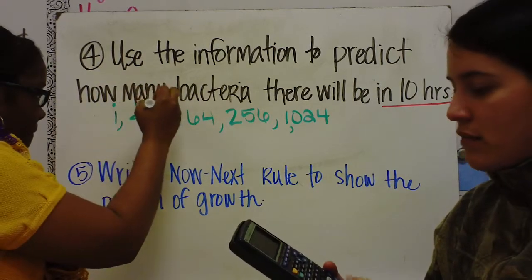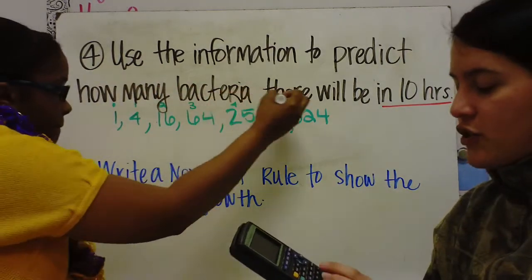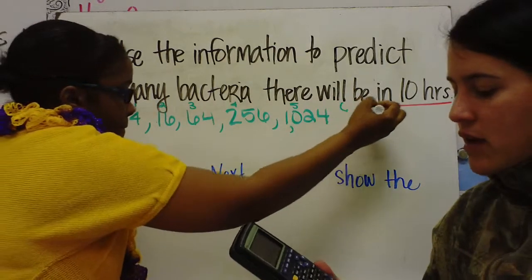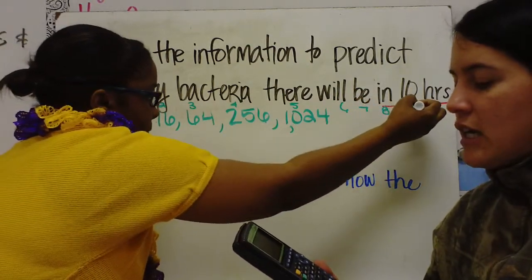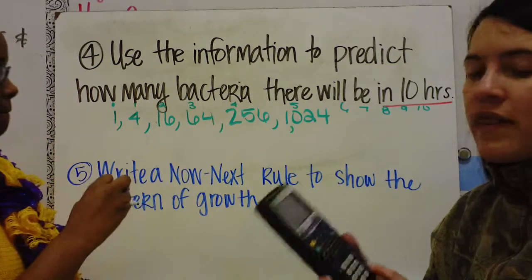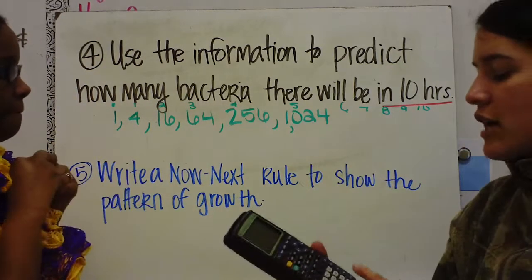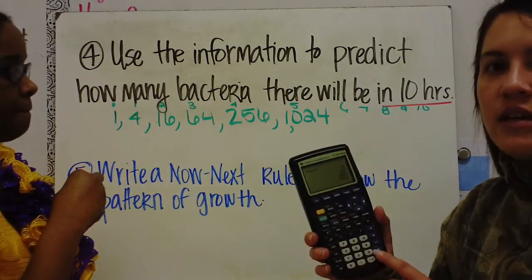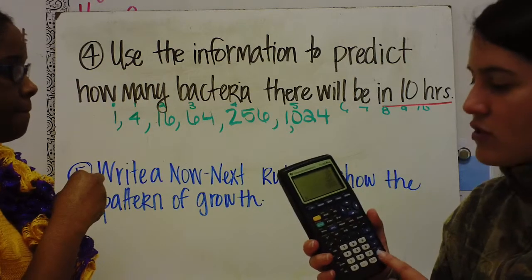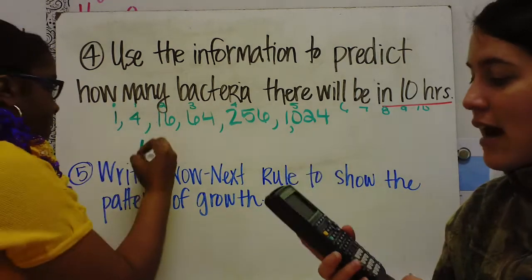So we started with 1, and then we did times 4. That was 1 hour, and 2 hours was 16, 64, 256, and then 1,024. So this was 5 hours. 6 hours, I pressed it again, 7 hours, 8 hours, 9 hours, and 10 hours.